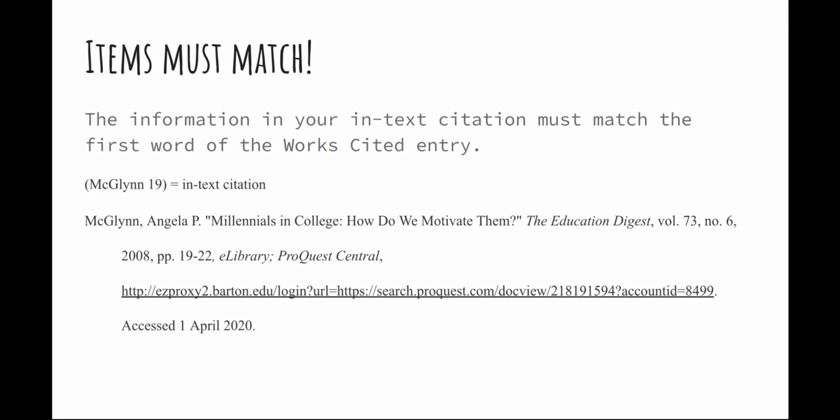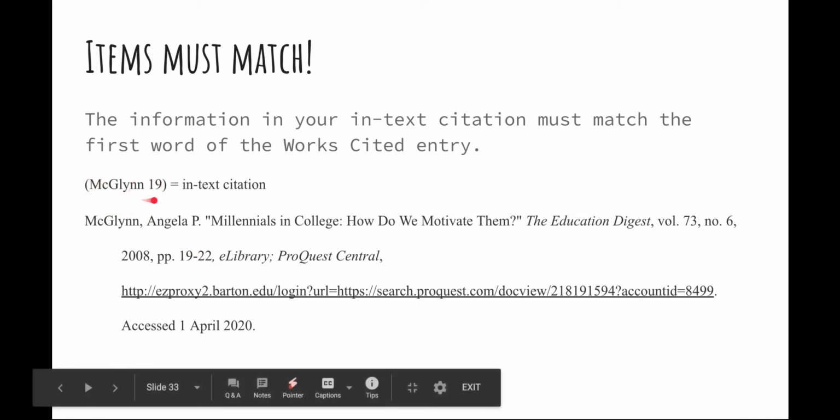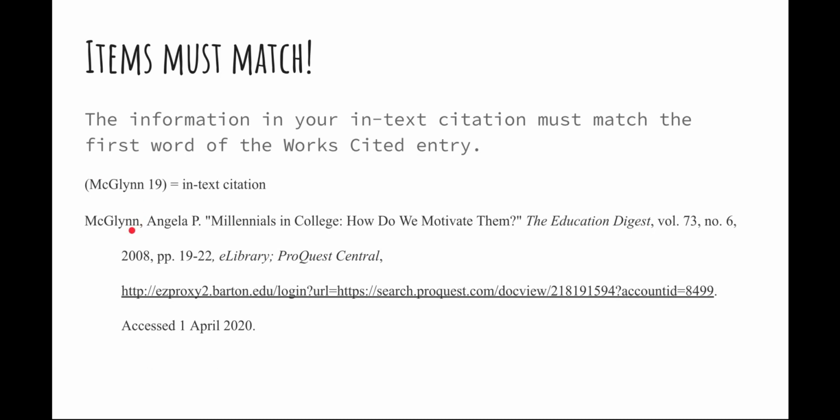And so this is just a reminder, your items must match. Do your works cited page correctly, and then whatever is in your in-text citation should match that. So here's an example. I sent you guys my sample works cited page, and there, this was one of my sources.